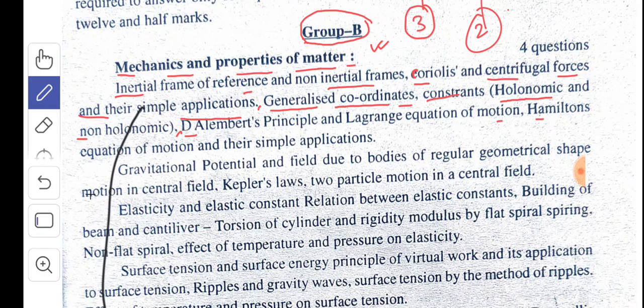And next is motion in central field, Kepler's law, two particle motion in a central field. Next is elasticity and elastic constants, relation between elastic constants, bending of beam and cantilever, torsion of cylinder and rigidity modulus by flat spiral and non-flat spiral, effect of temperature and pressure on elasticity.